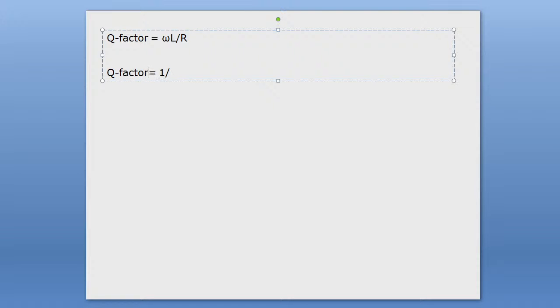I will prove it, or you can prove it yourself, no problem. This is the Q factor for inductor and a capacitor.